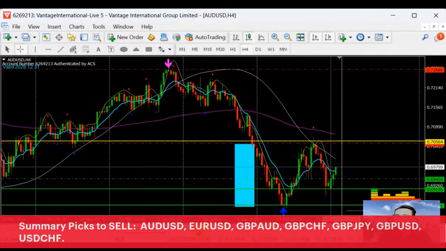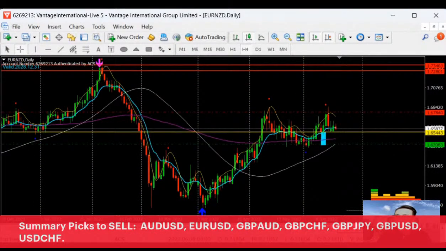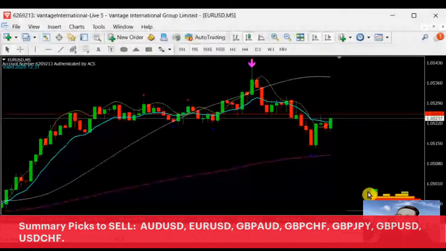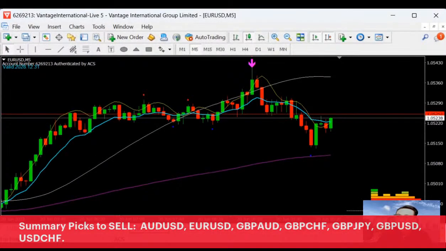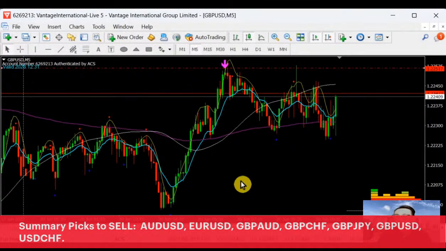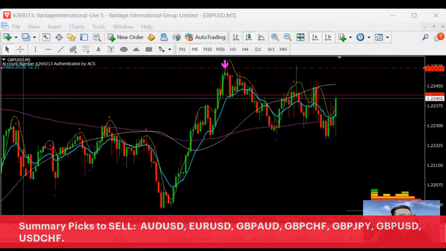Euro yen no. Euro dollar not yet. So let's come back to pound dollar. Pound dollar is not very good right now.